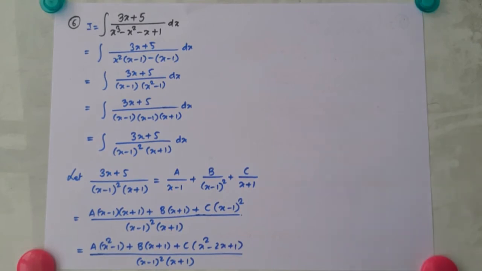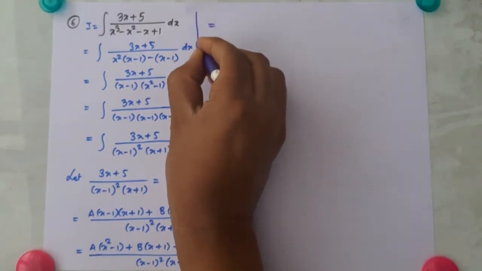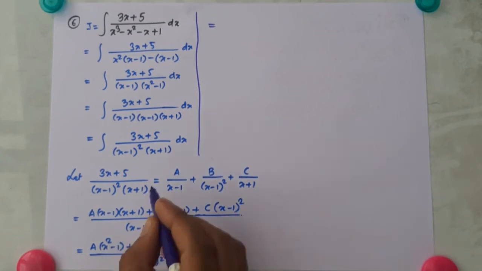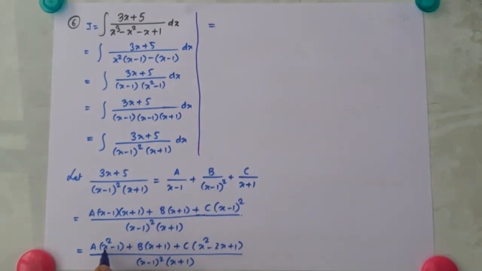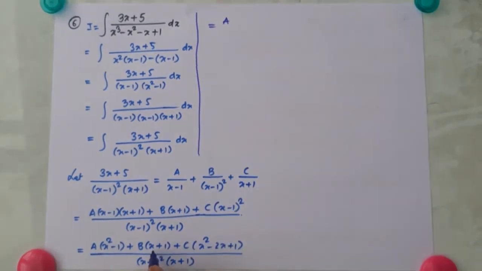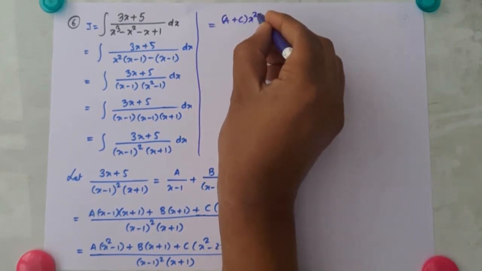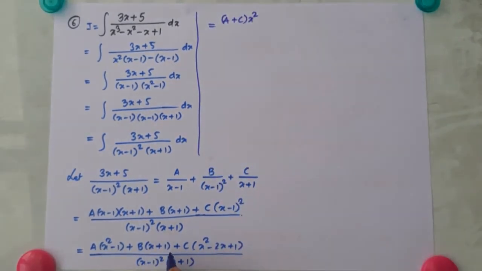Okay, so see this carefully, we have this equal to, so first let's write the coefficient of x squared. So it is a, do we have x square here? No, so here we have c, so we get a plus c into x square. Okay, so let's write the coefficient of x here.